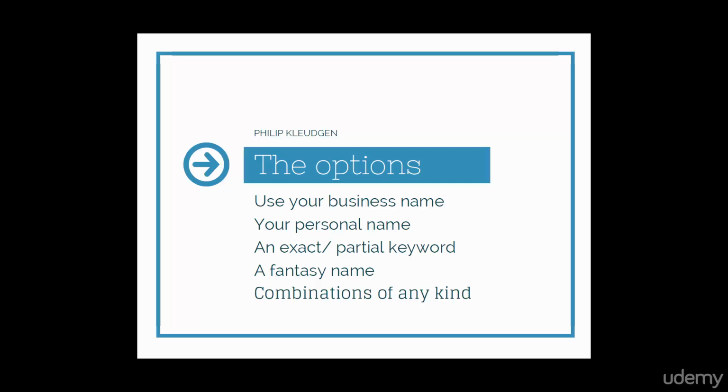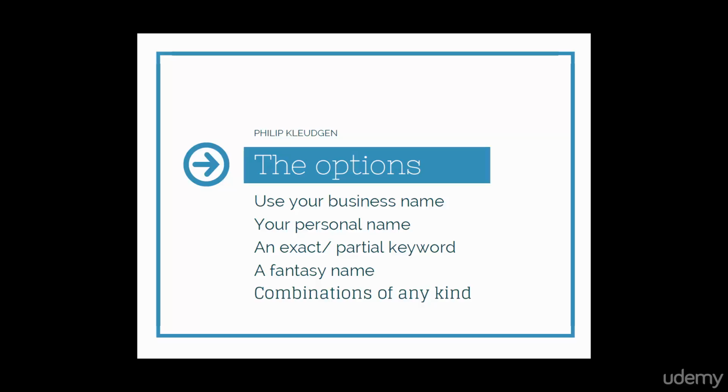And if this is not available, you can always attach a word to that. So if SEO was your keyword, you can also do SEOpanda.com or SEOservice.com or something like that. You can do a total fantasy name like Amazon.com did, for example.